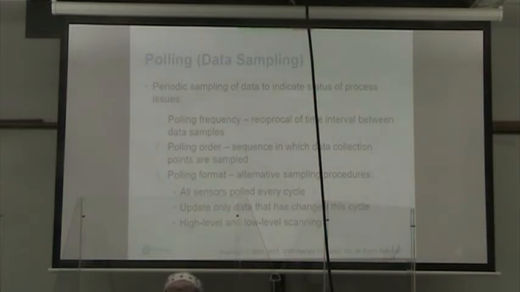Our polling order is the order in which our data collection points are sampled, and our polling format may be all sensors are polled every cycle, update only the data that has changed this cycle, and a high level or low level type of scanning.